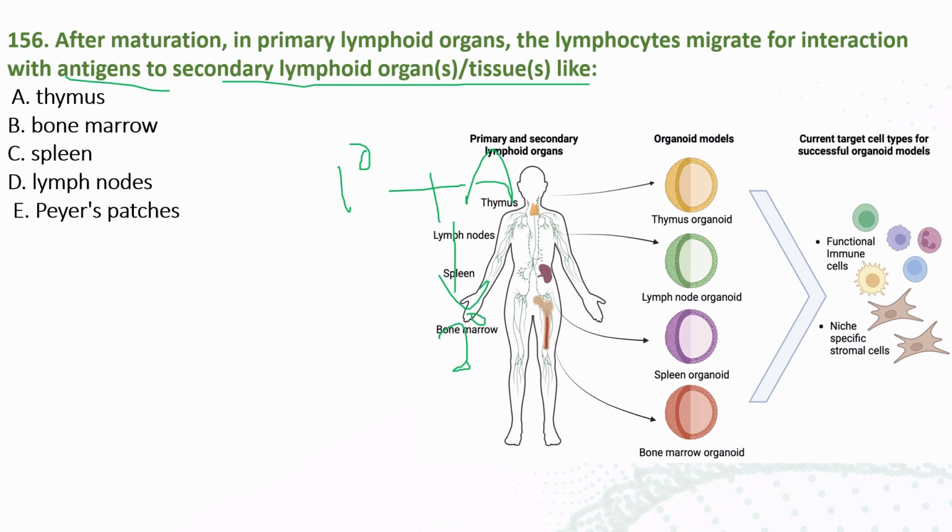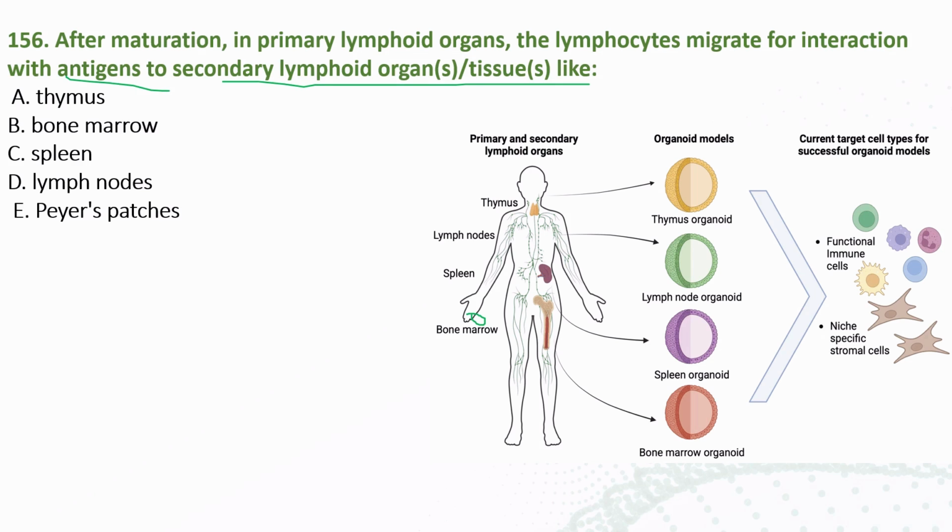There are so many lymphoid organs present: the thymus, spleen, bone marrow, etc. You have to say which primary lymphoid organs will combine to form some of the secondary lymphoid organs.